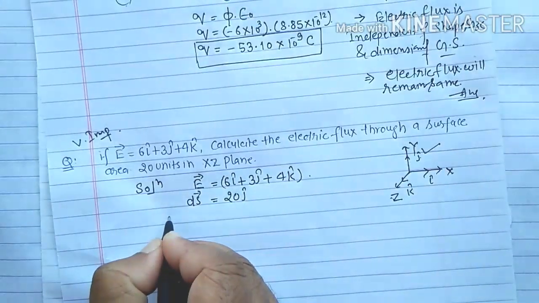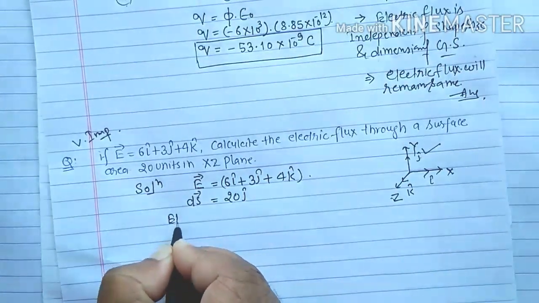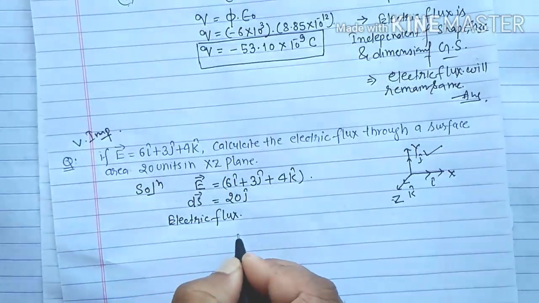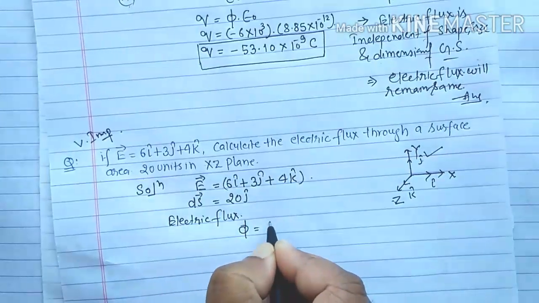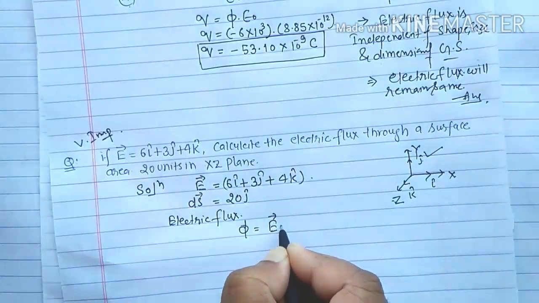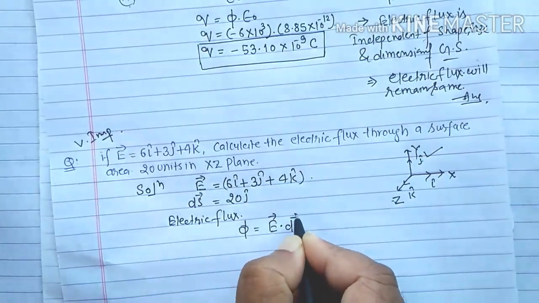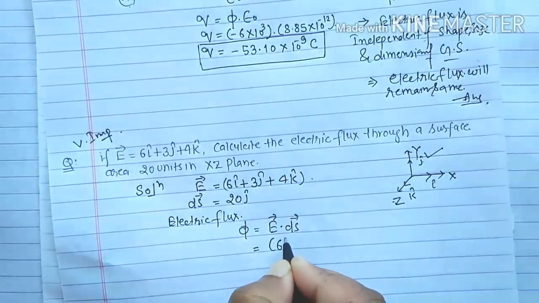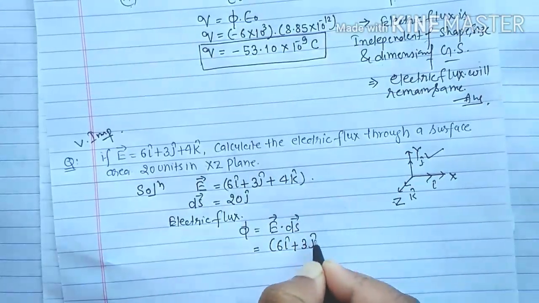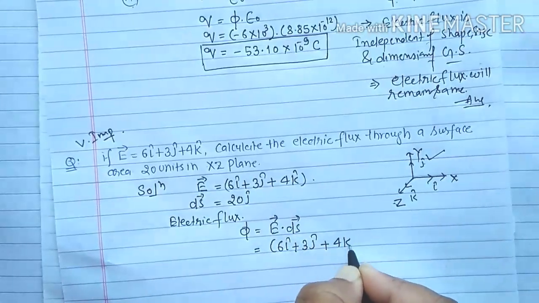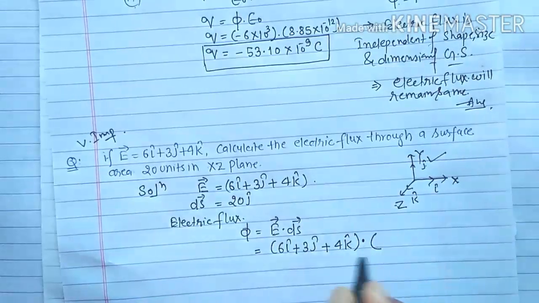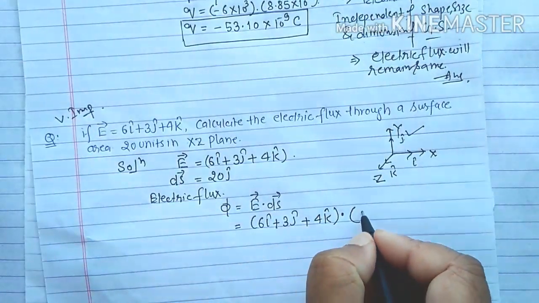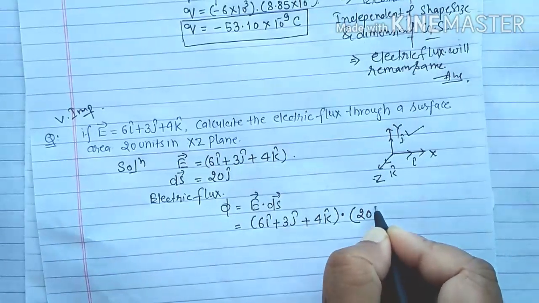So electric flux phi E is given by the dot product of electric field and area vector. Electric field is equal to 6 i plus 3 j plus 4 k cap dot dS, which is equal to only 20 j cap.